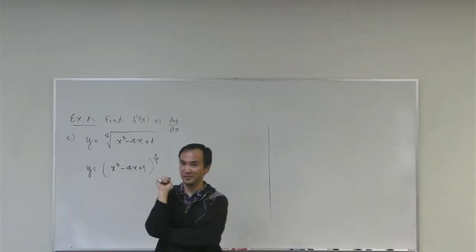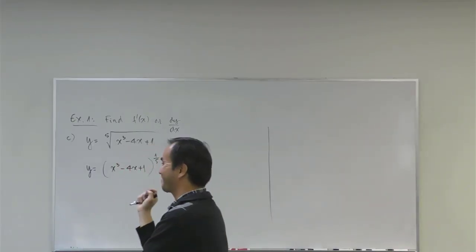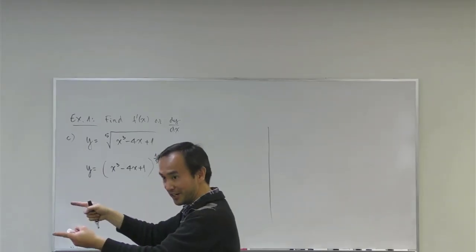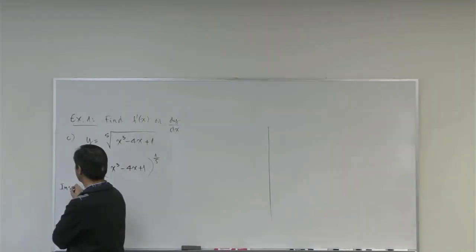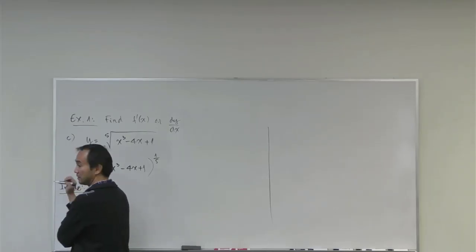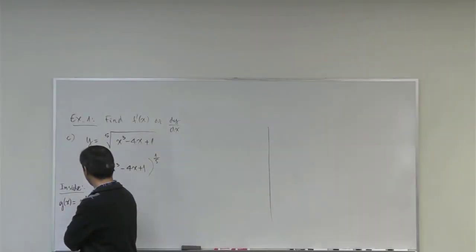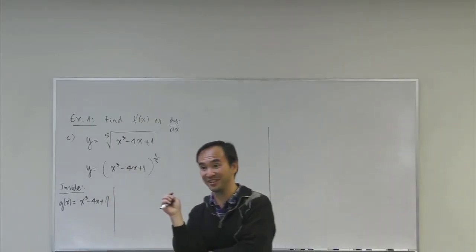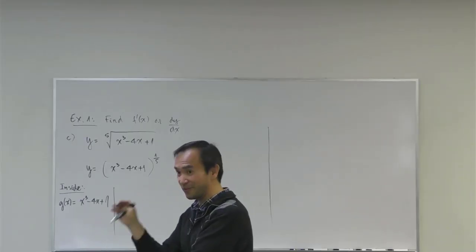Once again, does that make it easier to recognize where the inside and the outside are? Because we've got the whole x cubed minus 4x plus 1 trapped inside the 1/5 power. Would anyone like to suggest the inside expression? Yes? X cubed minus 4x plus 1. I agree. I shouldn't even say agree or not agree, since it's not really right or wrong. Let's go with your suggestion. If it doesn't work, we try a different inside.